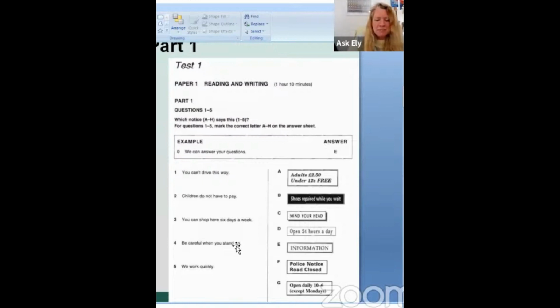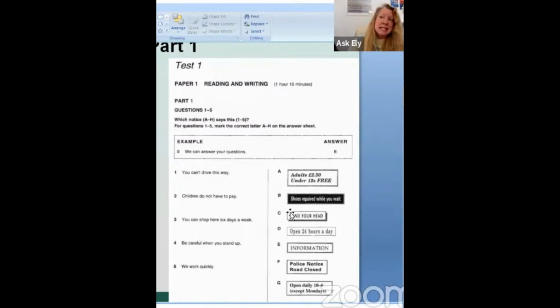Letter C. Okay. The last one is we work quickly. Quickly, what's another word for quickly? Fast, right? Fast, fast. So which one of these means quickly? Something they're going to do quickly. Well, we know that A is taken. We know that F is taken.